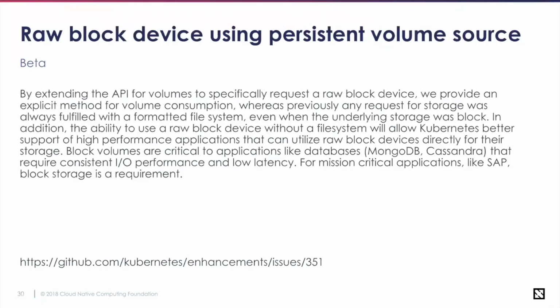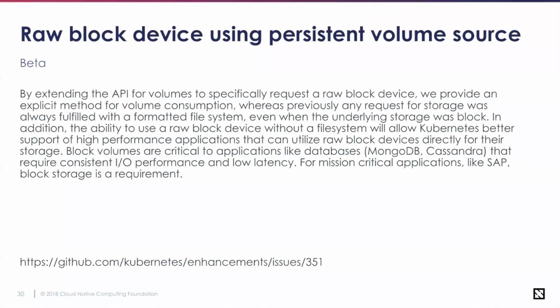Next slide. The second feature we have is raw block device. This is moving to beta. So previously, volume plugins only supported a file system, which means that you could have a directory mounted with a file system and exposed inside of your container. There wasn't really an ability to expose a raw block volume device into your container.